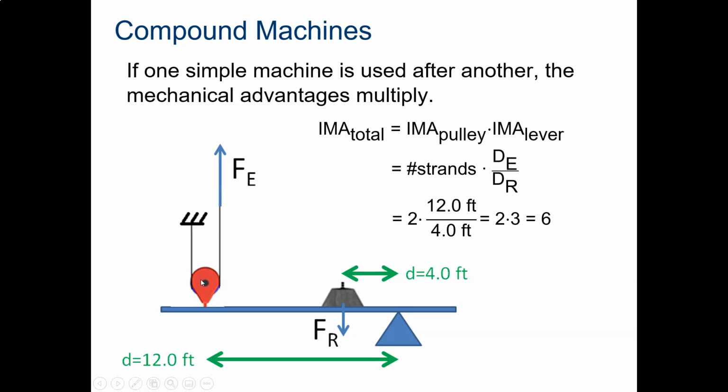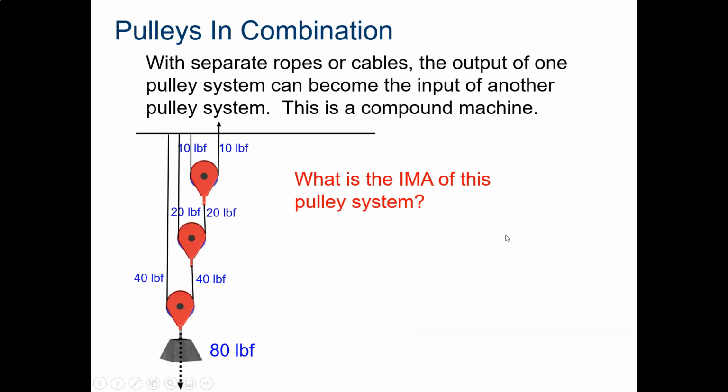So here we've got an ideal mechanical advantage of 2 in my movable pulley, and that's feeding a lever, which is a type. What type lever is this? It's a type 2 lever, because the resistance is in the middle. So you just multiply those two together, and you get an ideal mechanical advantage overall of 6.